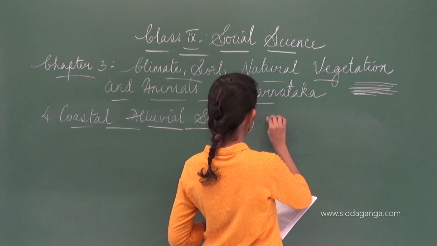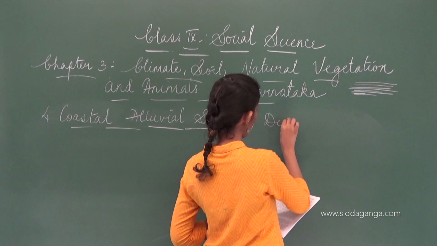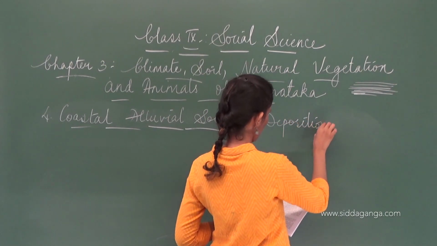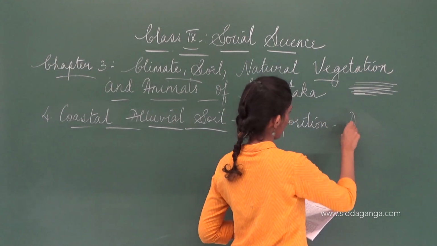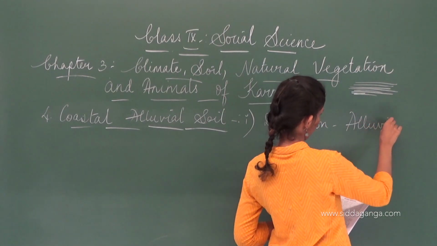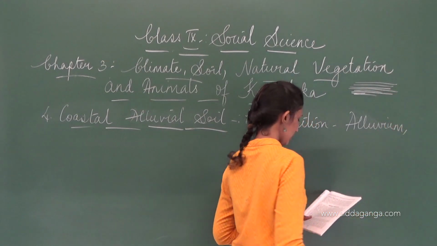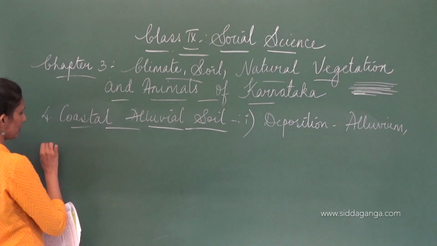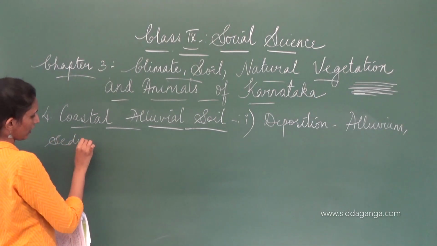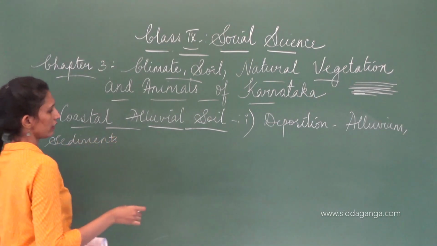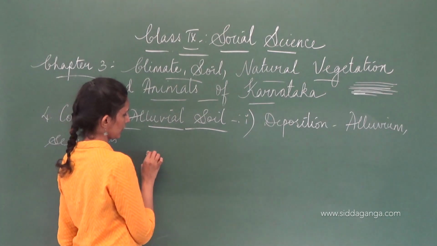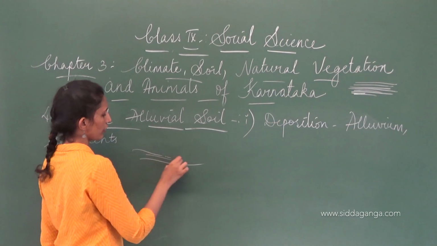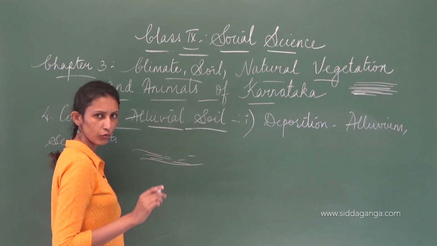Now this is formed by the deposition of alluvium, that is, alluvium is deposited along with sediments that are carried away. Sediments are whatever is there. Imagine this is the layer of the soil, and there's water flowing over it.